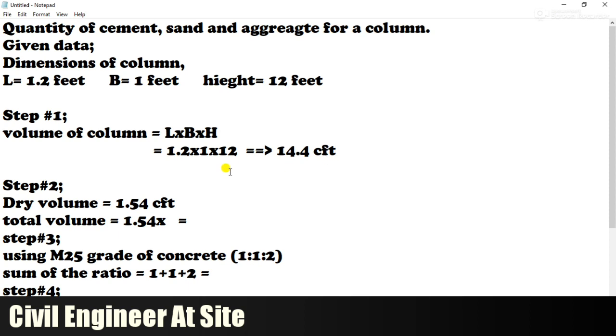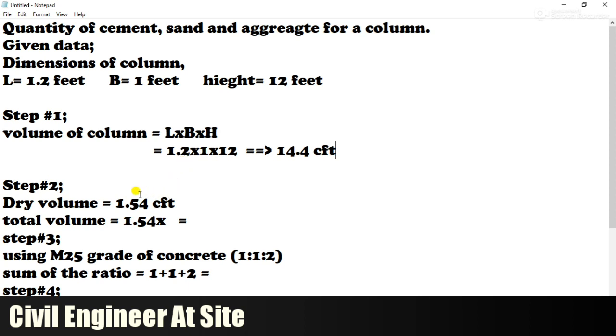So guys, here we have found the volume of the column, but there is one thing: the dry volume of the concrete is 1.54 times the overall volume of the column.